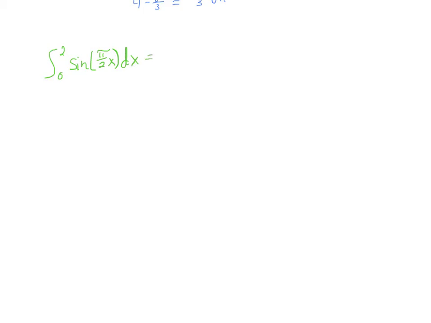And so now, without using our calculator, we would have to do a little u substitution to find the integral. So we would let u equal pi over 2x, du would equal pi over 2 dx. So to balance it out, we need to make a 2 over pi on the outside of our integral.